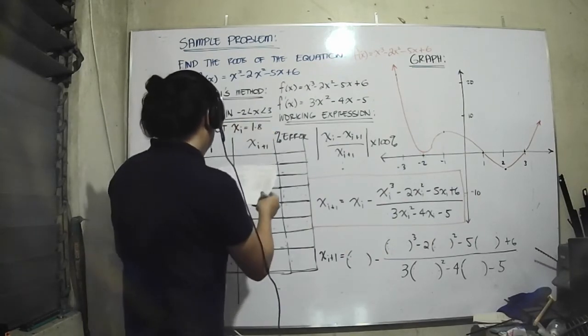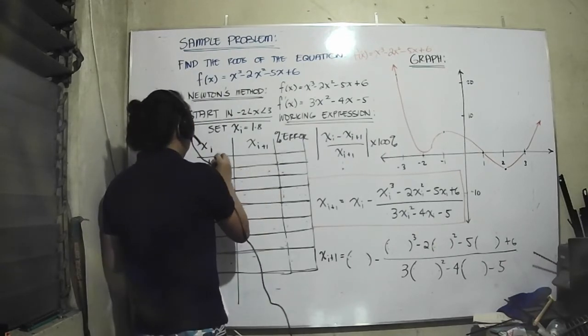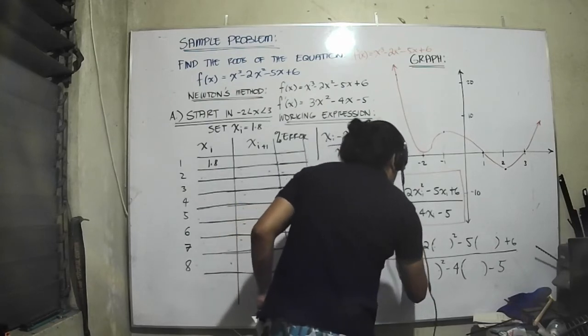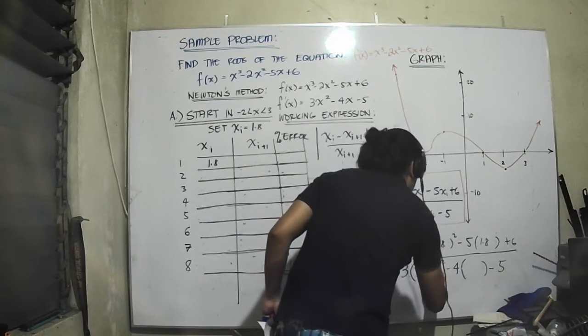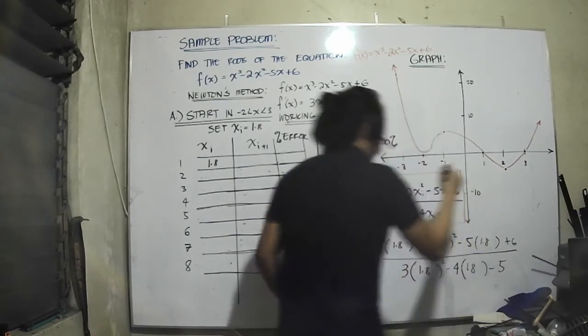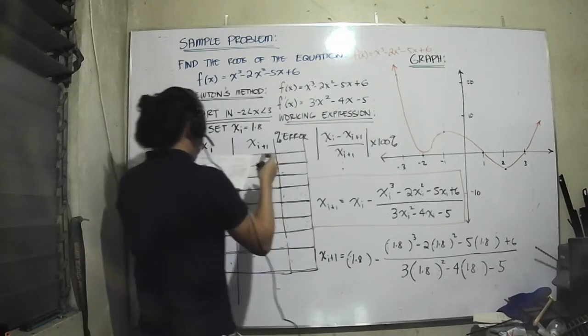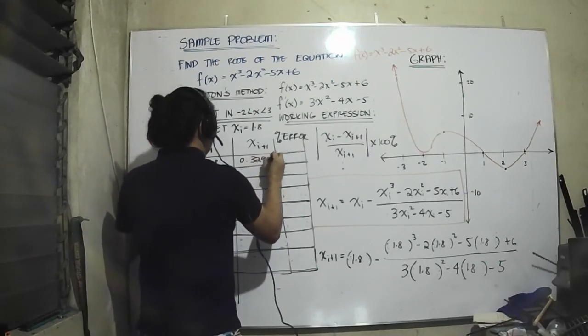We plug in 1.8 and we go over this again and again. Same process. What I will arrive at from 1.8 is 0.3290.